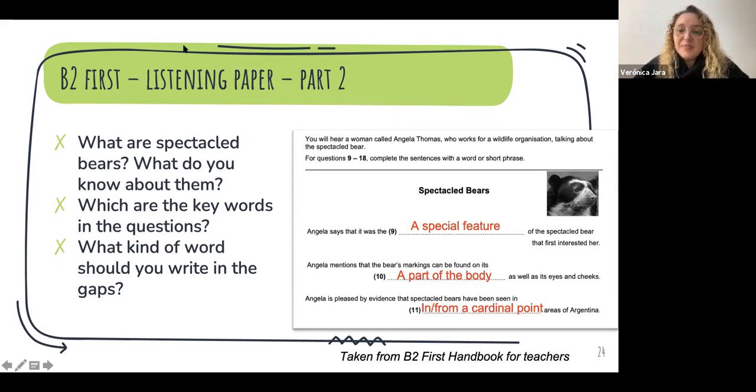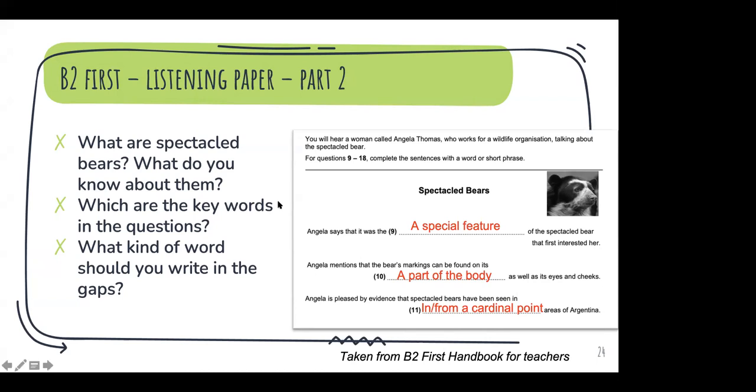So doing all this, helping them identify keywords, anticipate vocabulary or ideas, think of paraphrases, predict or anticipate the kind of information they need to complete the gap, that helps them stand a better chance, let's say, right?